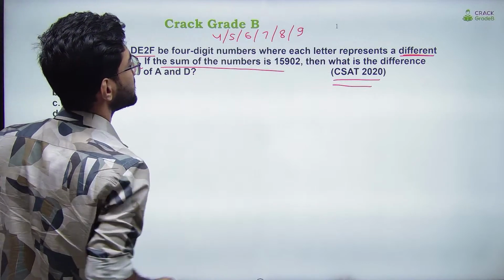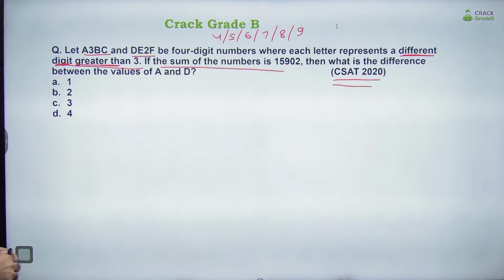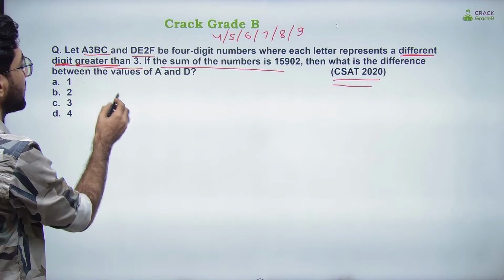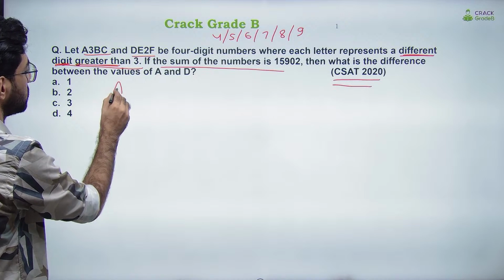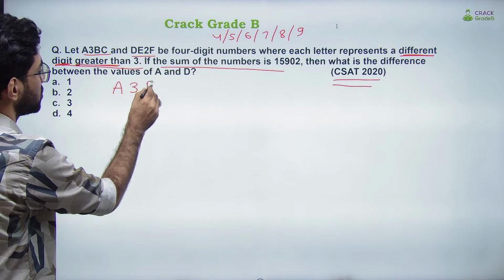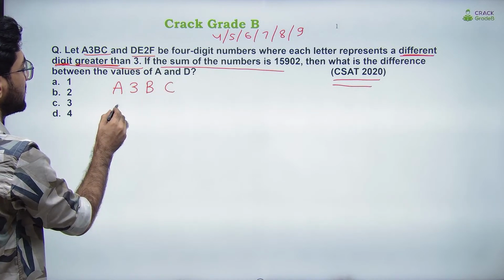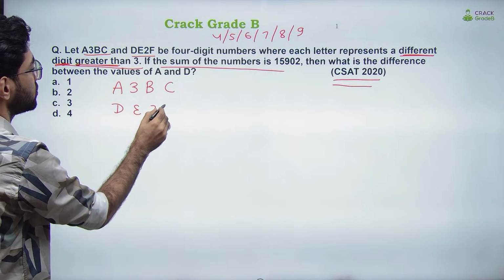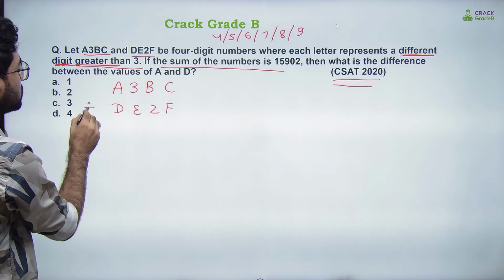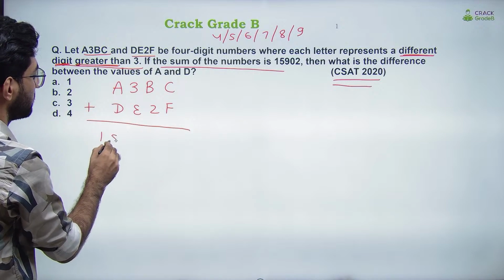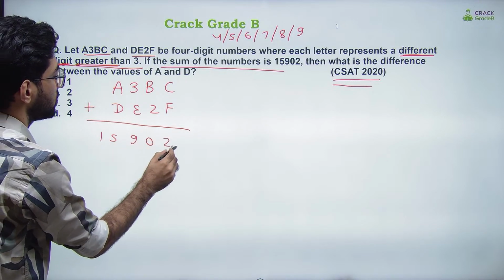If the sum of the numbers is 15902, so basically you are adding these two numbers A3BC and DE2F, and you get 15902.